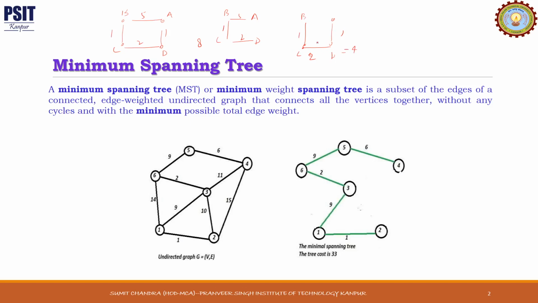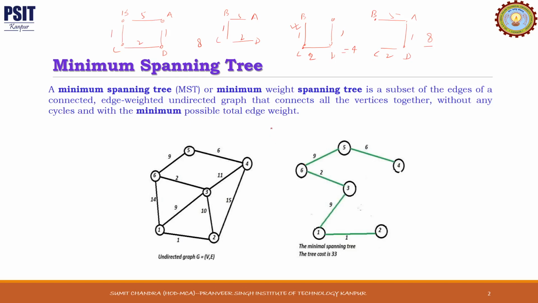Then we can have a spanning tree again having weight of 8. So among these three, the tree with minimum weight is called a minimum spanning tree because all the vertices are connected and edge weight is minimum. So this is the example which is shown here. The graph is given and the corresponding minimum spanning tree is given.